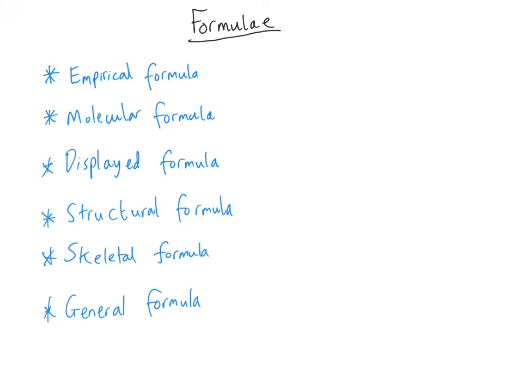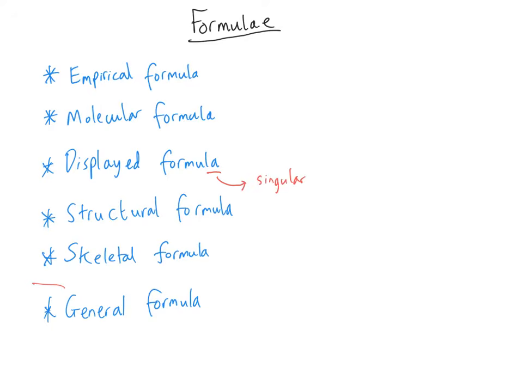Let's take a look at the different types of formula that you might be expected to work with for organic molecules. There are 6 different types of formula, although the last one is a little bit different to the others. So there's empirical formula, molecular formula, displayed formula, structural formula, skeletal formula, and general formula. Just to say something about the word formula itself, if it ends in LA, this is the singular.